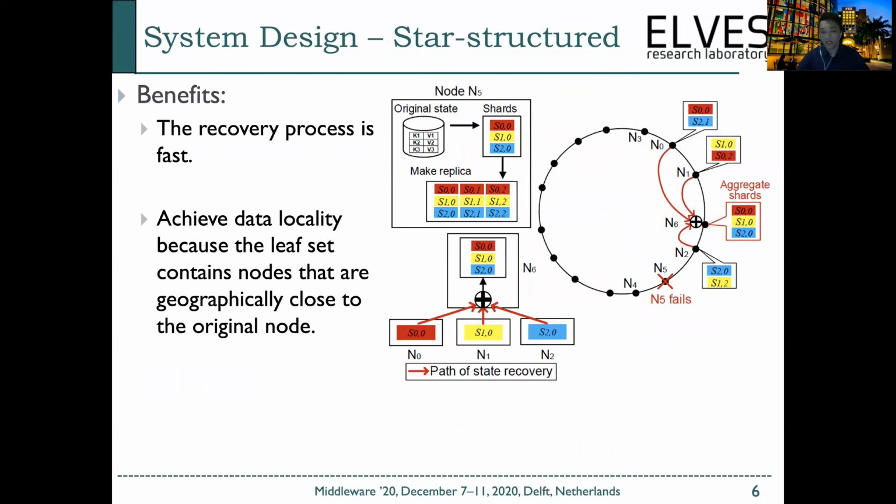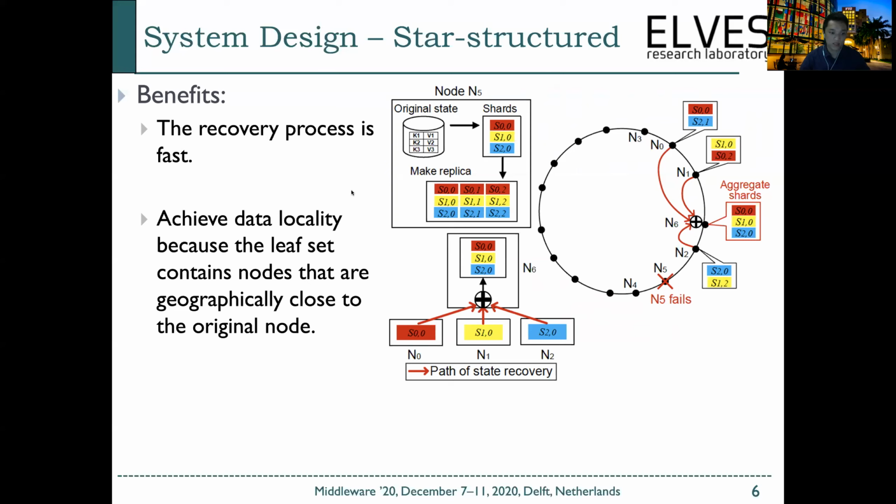As we mentioned, it's hard to provide just one single structure to cater to all the complicated scenarios in the real world. So in our paper, we present three structures. The first one is called the star structure, and this is the most straightforward way. There are some benefits to this design.